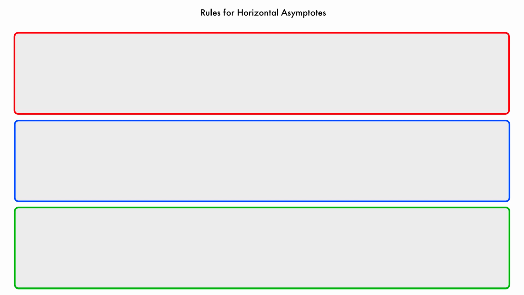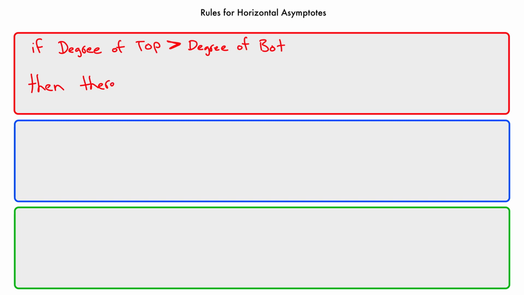There are 3 categories for rational functions. Category number 1, if the degree of the top is greater than the degree of the bottom, then there will be no horizontal asymptote.